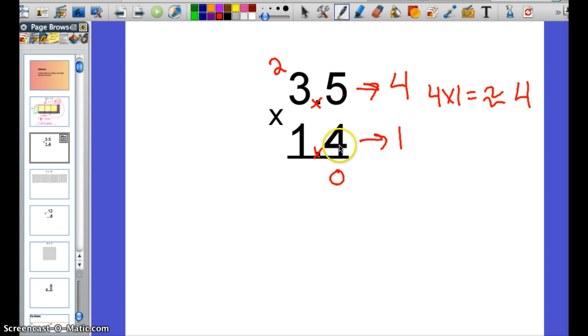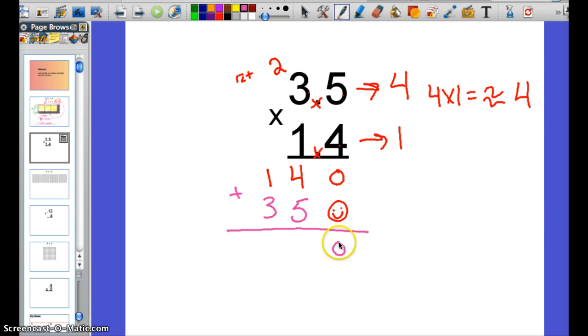We take the 4 and multiply it by the 3, which is 12. 12 plus 2 is 14. Then we put in what my class calls a happy 0, or that placeholder. We take 1 and multiply it by 5, which is 5, and 1 multiplied by 3, which is 3.